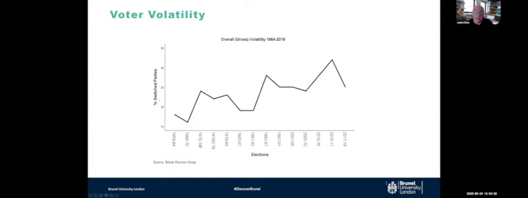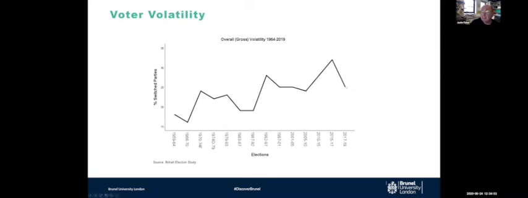And as you can see, this has gone up quite substantially. We can see that back in 1964, only around 17% of people changed parties. By 2017, that was 1/3 of the electorate. So 1/3 of the electorate changing sides from one election to the other.